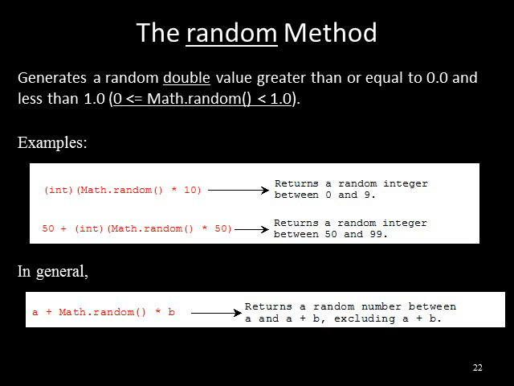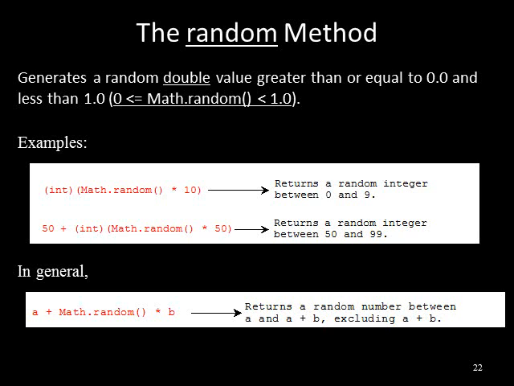Well, we've already used the random method a couple of times, but sometimes we want to generate a random integer between 2 values. Well, the first example generates an integer between 0 and 9. We've done this. Note that the multiplier is 1 more than the maximum integer we want to generate.